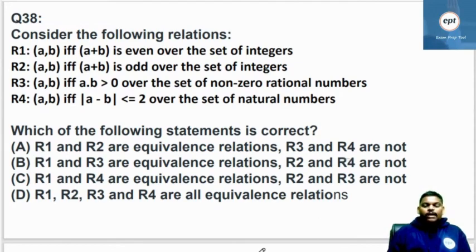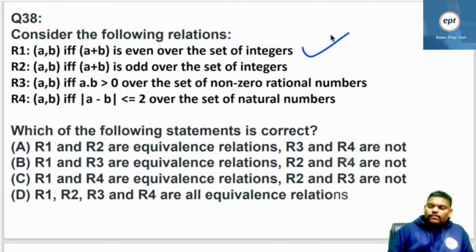R1 says that A and B are related if and only if A plus B is even. Yes, we did this already. Next one, A comma B related if and only if A plus B is odd.